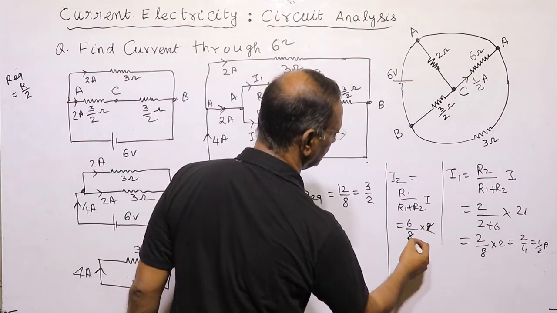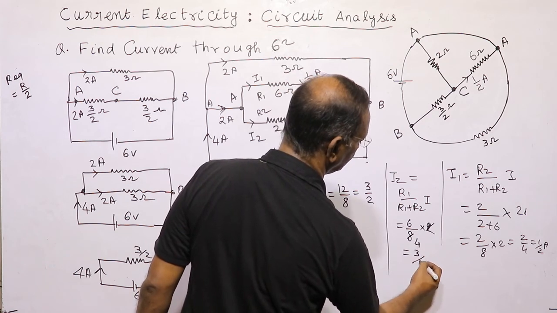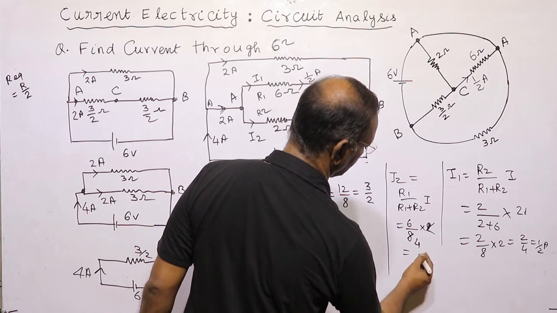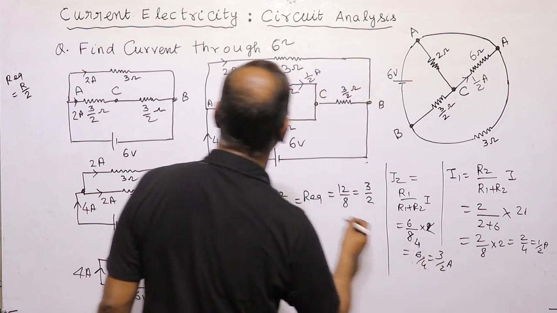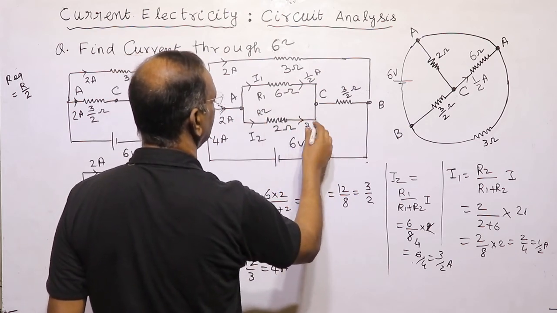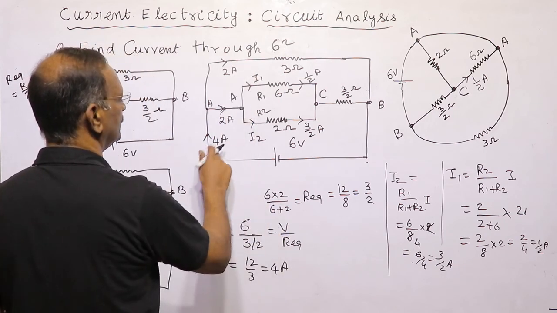So this is equal to 12 by 8, which is 3 by 2 ampere. Here the current flowing is 3 by 2 ampere. See, 3 by 2 plus half is equal to 2. These 2 plus these 2 is equal to 4 ampere.